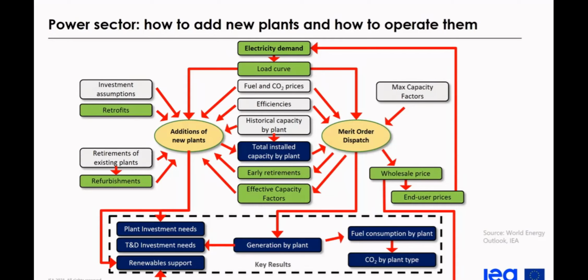The question is, when do we need to give priority to this or that technology based on different factors that would be cost, that would be CO2, etc.